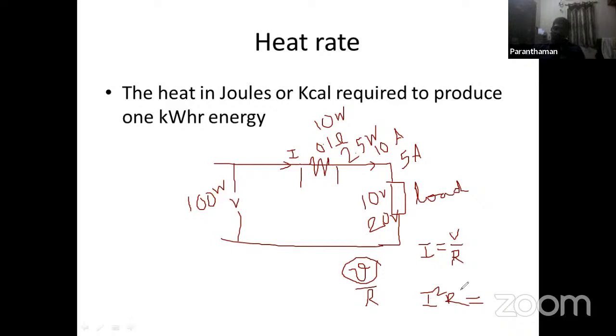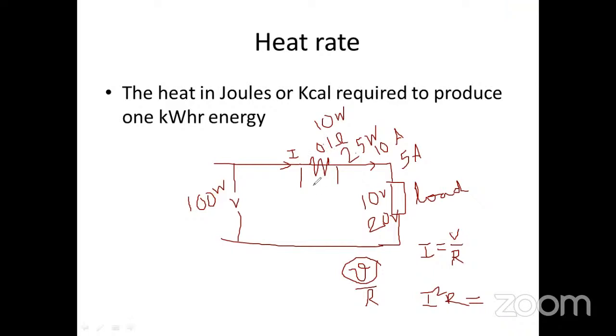Then we can write I square R loss as V square by R. That V is not this V. It is the V across this particular resistance. What is that V, sir? In the first case, I is equal to 10, and this one is 0.1.